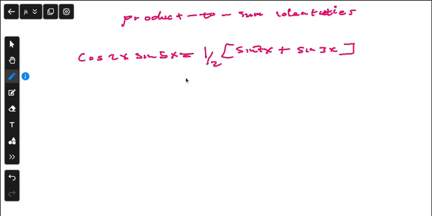So which identity can you use here? So you know to say that this is A and this is B.